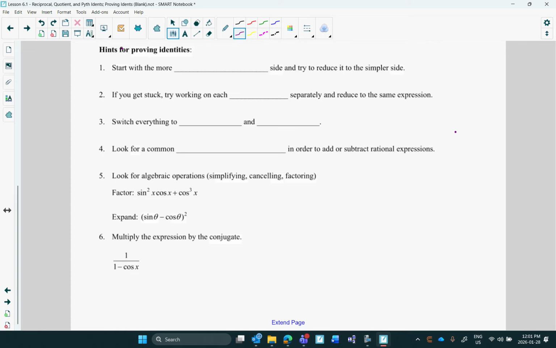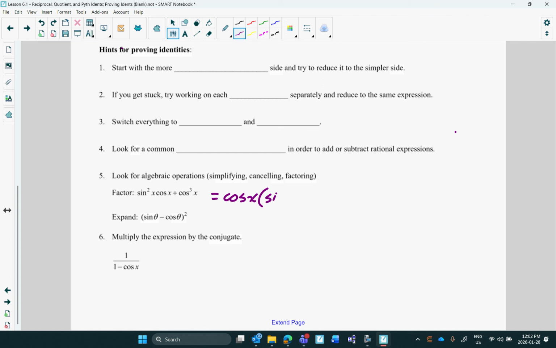So for example, how would you factor this? What kind of factoring would you use? GCF. Yes, GCF. What can I take out of these? Cosines. What am I left with?